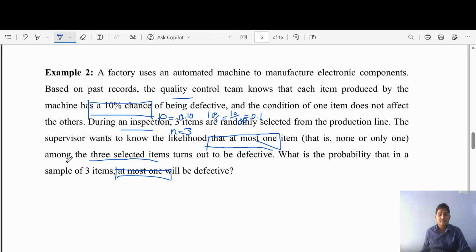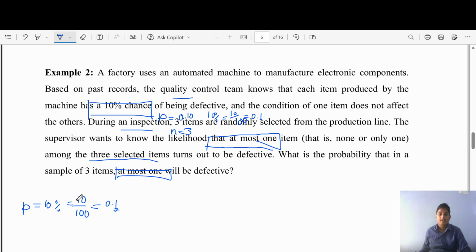So what is the information? A factory uses an automated machine to manufacture electronic components, and based on past records, the chance of an item being defective is 10%. So P is 0.10, since 10% means 10 upon 100.